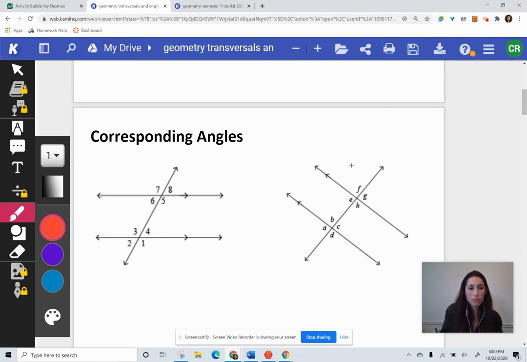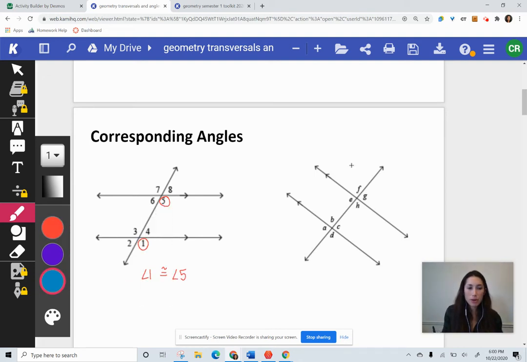Okay, so in our diagram here, the angles that are in the same relative position, for example, would be angle 1. If I were to take that and trace that, it is on the bottom right here. Angle 5 would be on the bottom right as well. So angle 1 is congruent to angle 5, and they are also the corresponding angle pair.